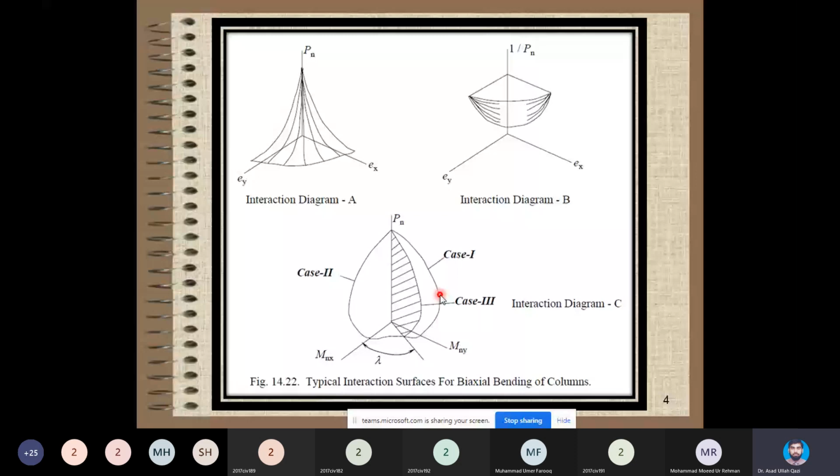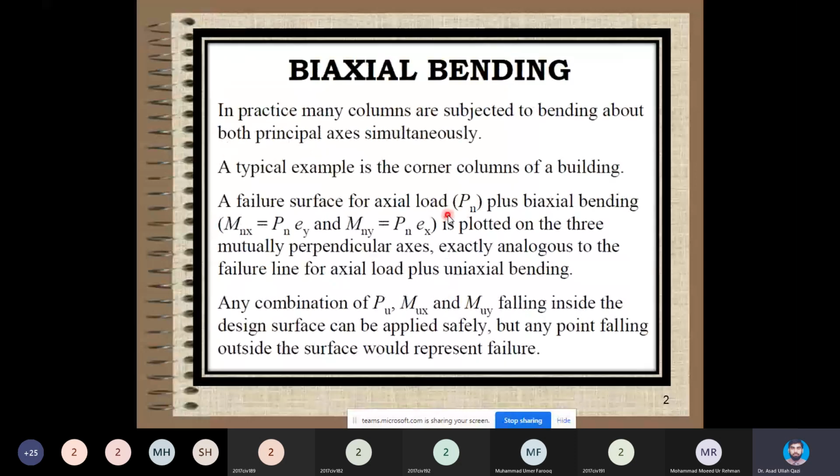Coming back, a failure surface for axial load plus biaxial bending is plotted on three mutually perpendicular axes, exactly analogous to the failure line for axial load plus uniaxial bending. Any combination of Pu, Mux, Muy falling inside the design surface can be applied safely, but any point falling outside the surface would represent failure.